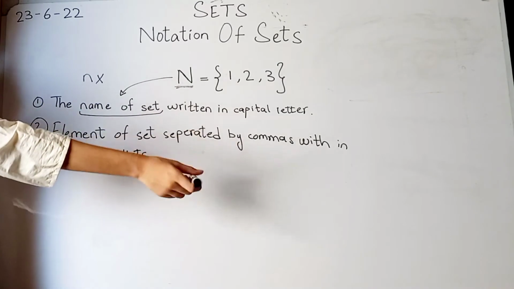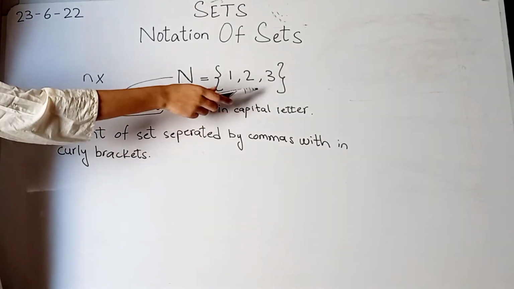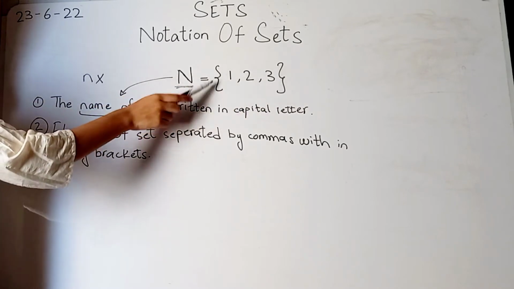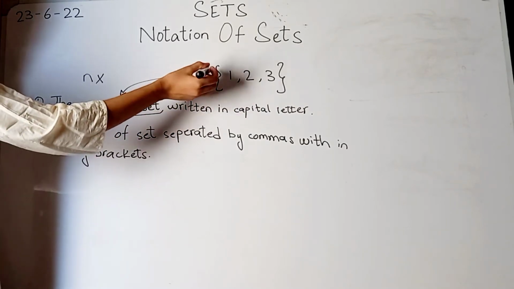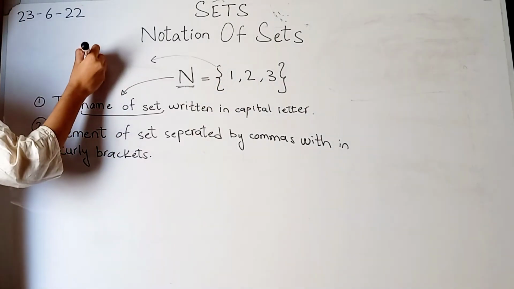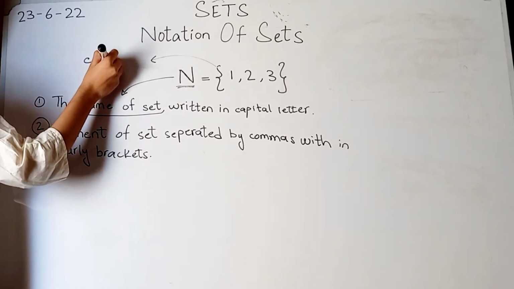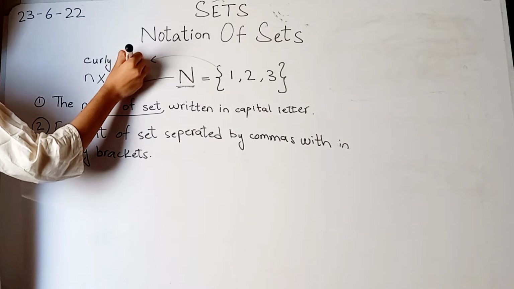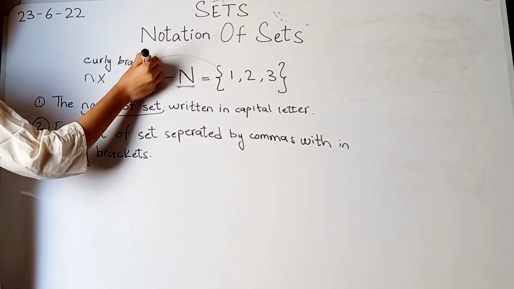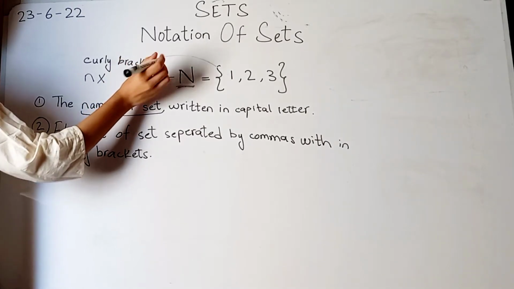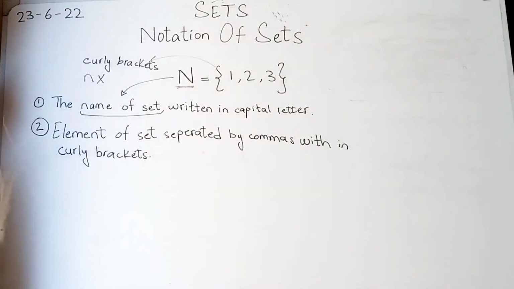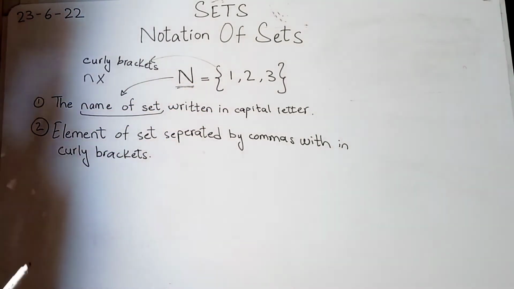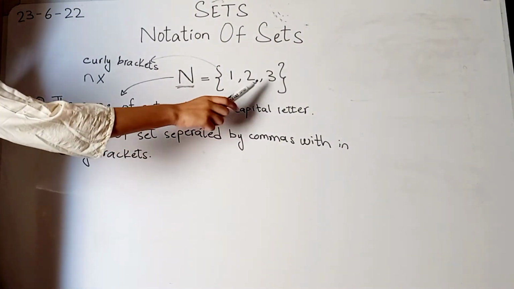In this example we have elements 1, 2 and 3. They are in curly brackets. These brackets are called curly brackets. The elements are written in curly brackets and they are separated by commas.